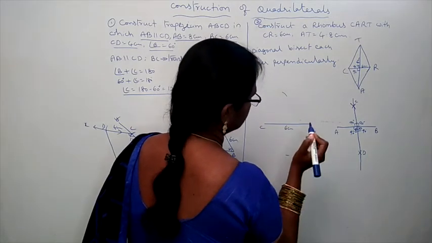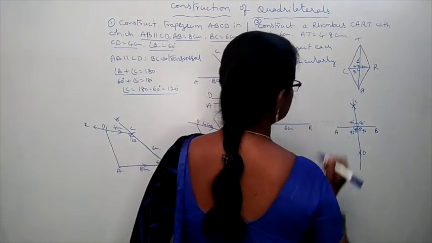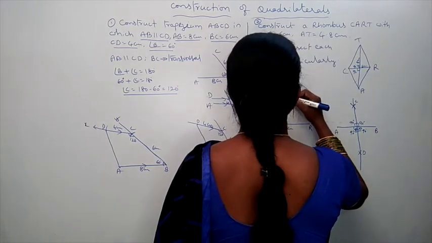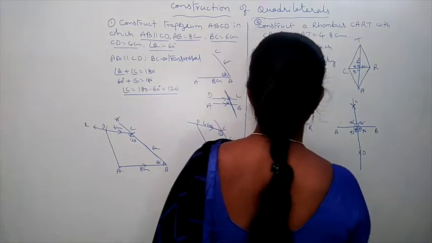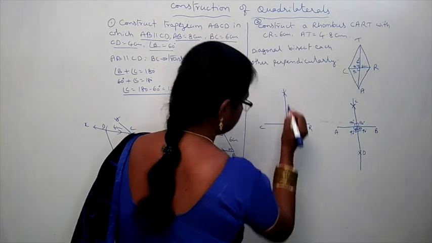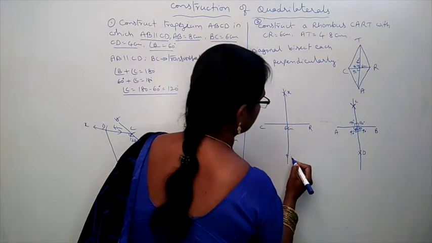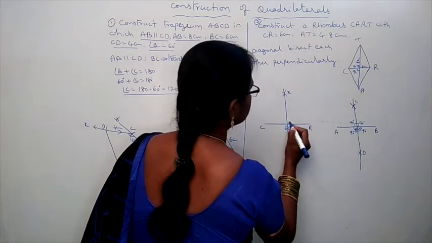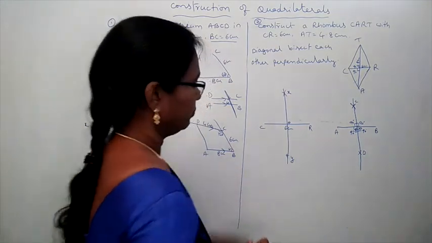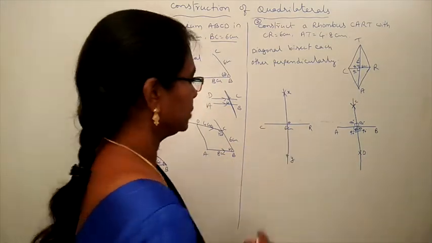With the same radius, take R as center and draw two arcs which intersect the previous arcs at points X and Y. Then the intersection point is O. Then XOY is the perpendicular bisector to CR.